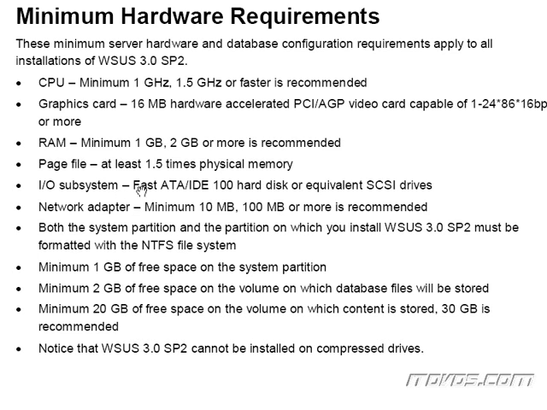For the I/O subsystem, you're going to need a fast ATA IDE 100 hard disk or equivalent SCSI drive, network adapter, minimum 10 megabits, 100 megabits or more is recommended.